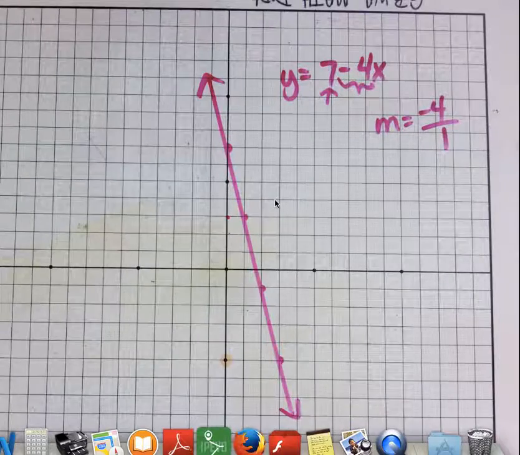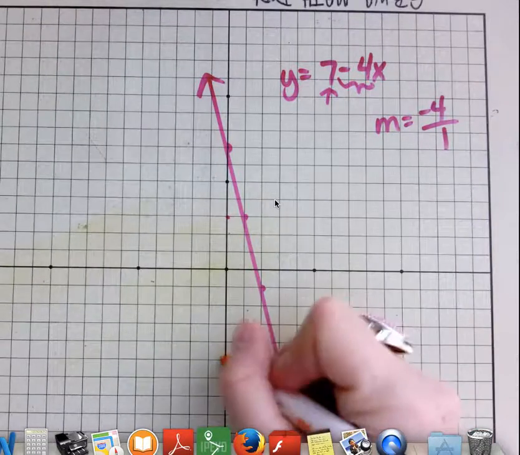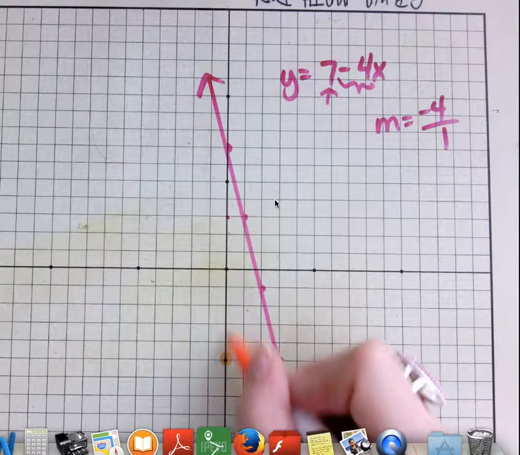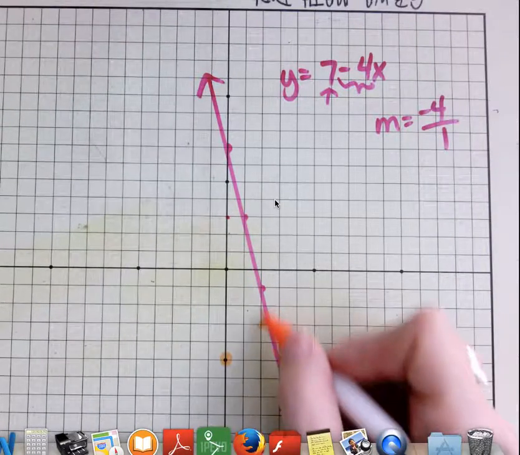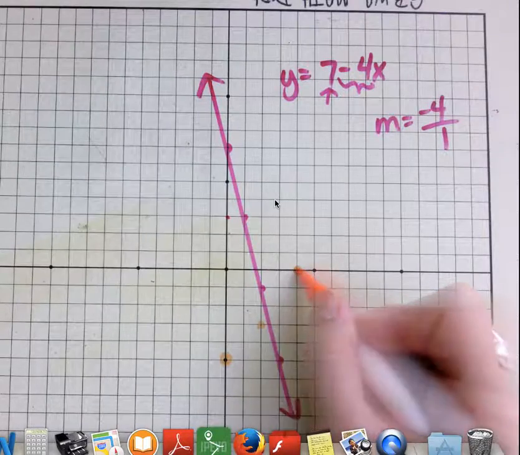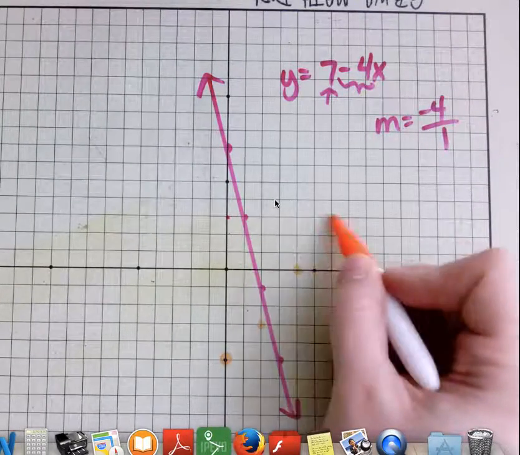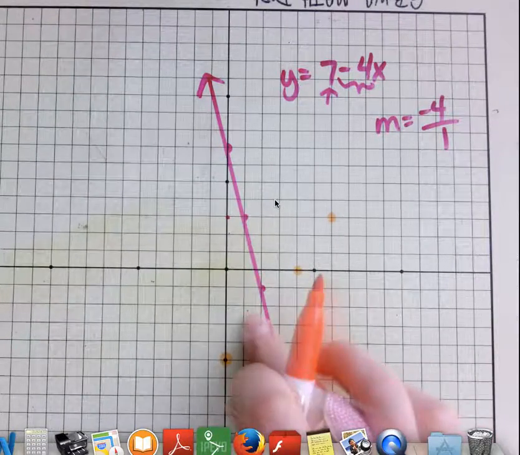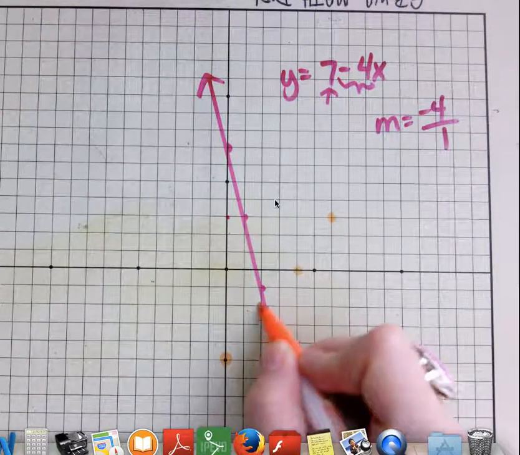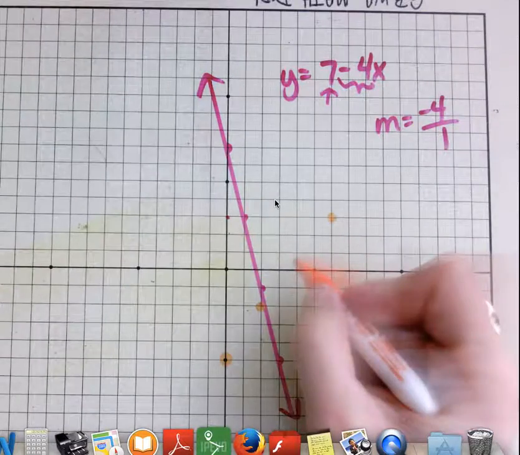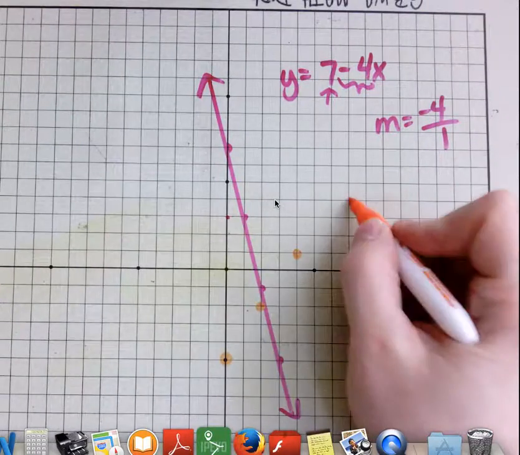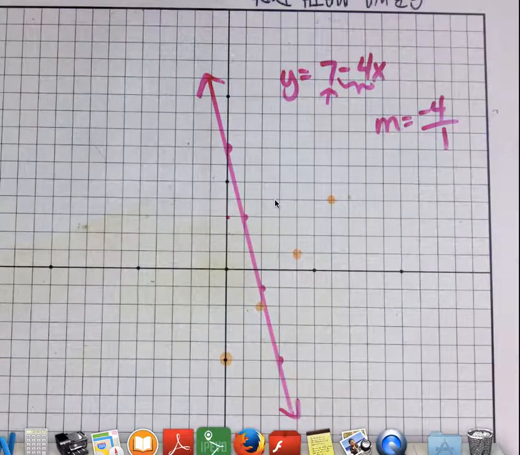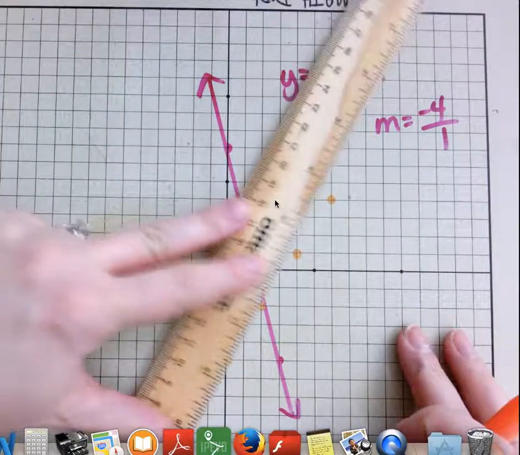So -5, and we had 3/2 as our slope, so up 3 over 2, and up 3 over 2, and up 3 over 2. Oh, I messed up. Up 3 over 2.